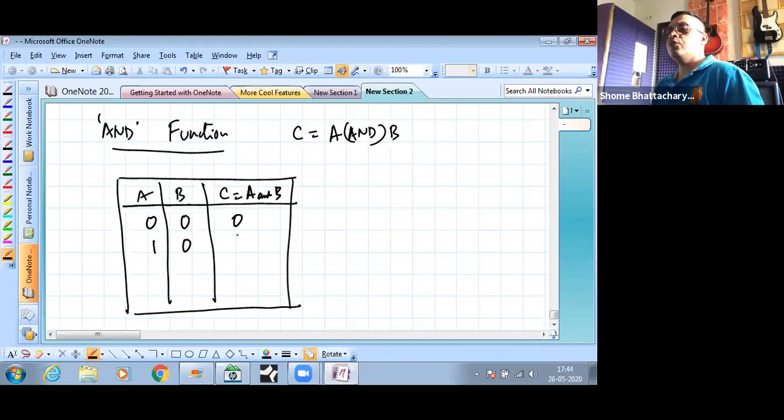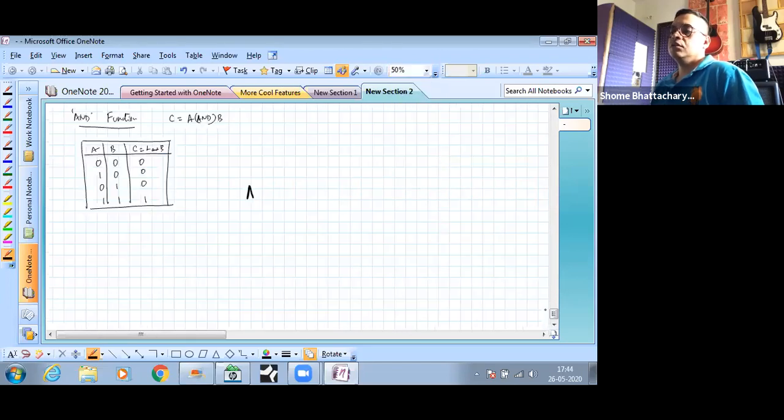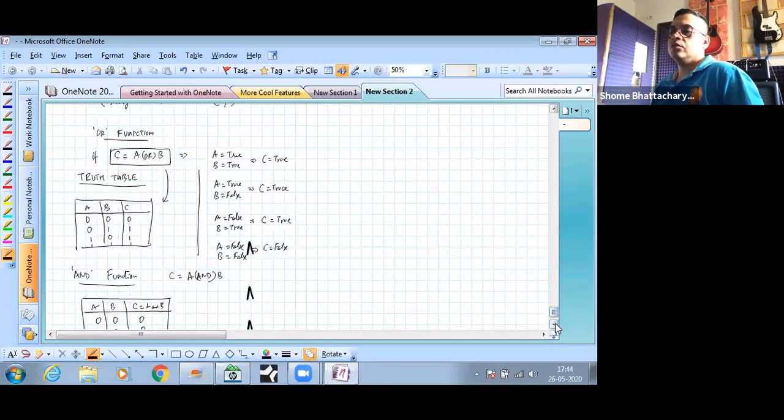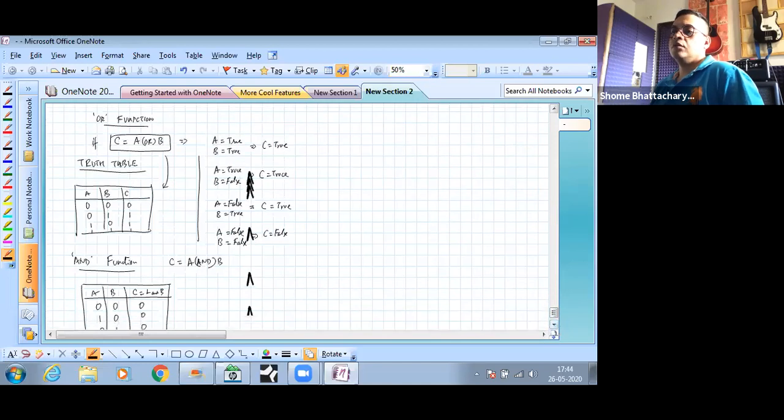If either one of them is false, also you get false. It is only in the situation where both A and B are true, then C is true. Any other situation, C becomes false. So these are two of the very basic ones. The third one is the not, which we are coming to. So this is the OR function, this is the AND function.